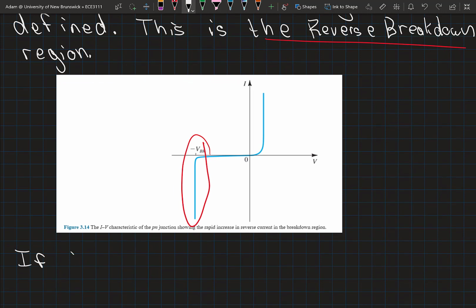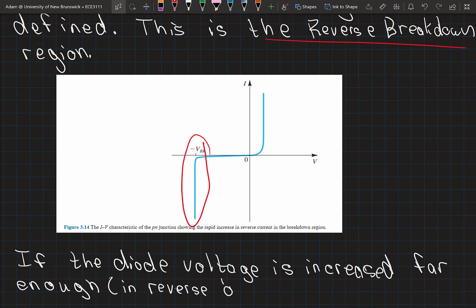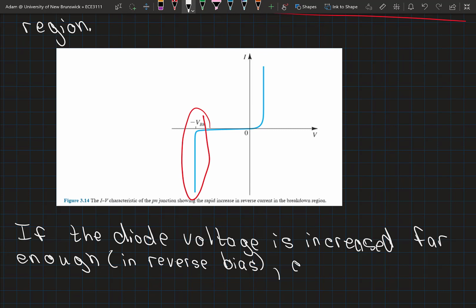So if the diode voltage is increased far enough, let's say in the reverse bias, current eventually flows.